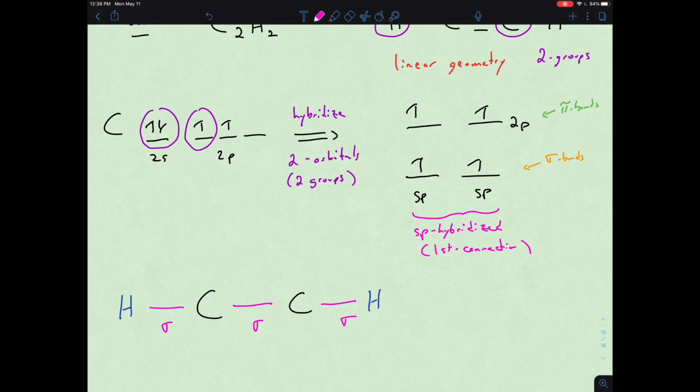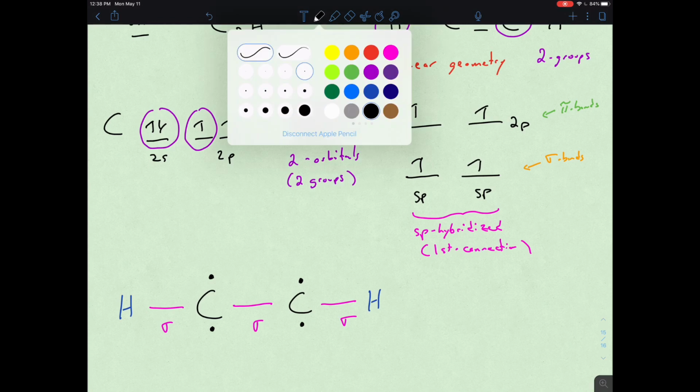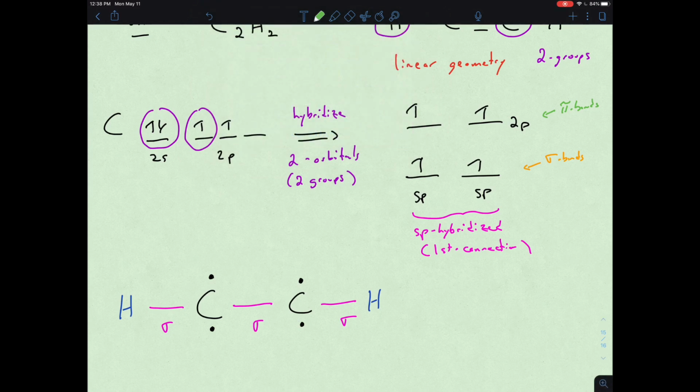And if we then look, each carbon has 2 unpaired valence electrons that are actually left over. So that's where our pi bonds are going to be formed.